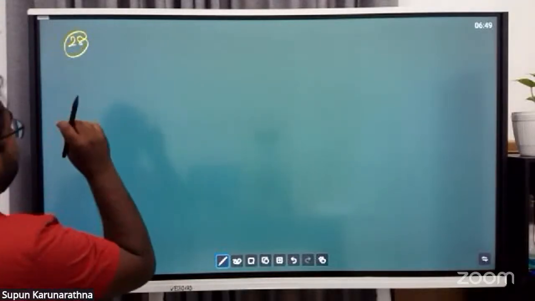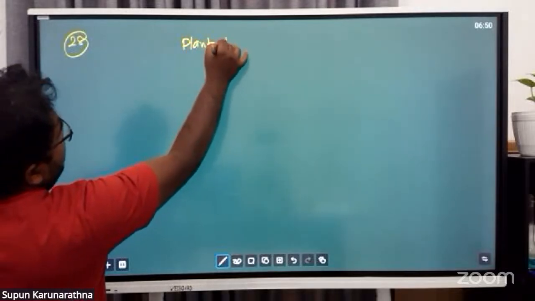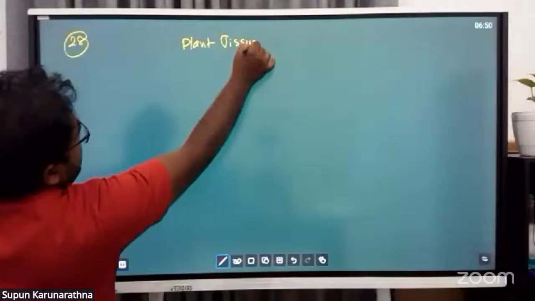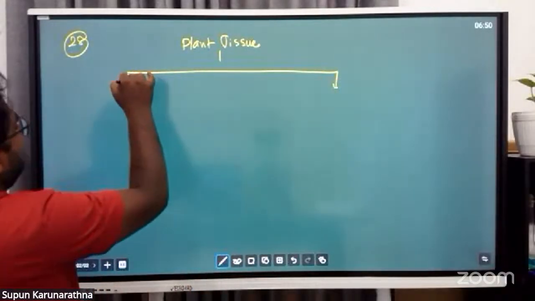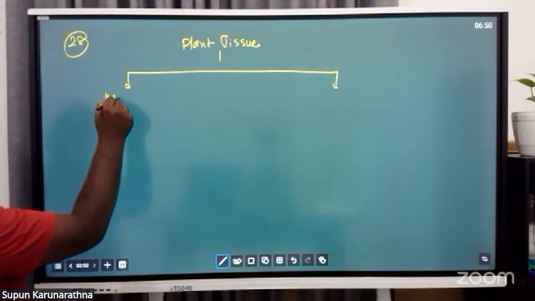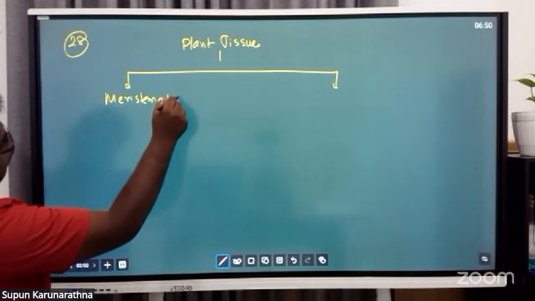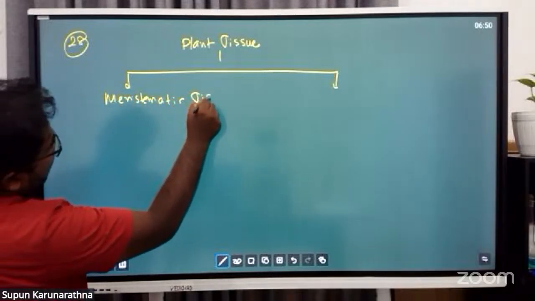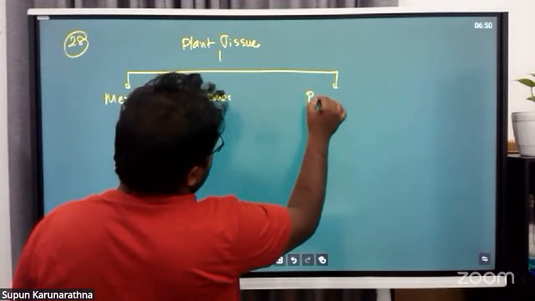About plant tissues, you know that plant tissues are mainly divided into two groups. What are they? Meristematic tissues and permanent tissues.